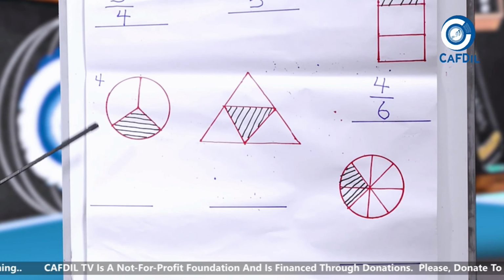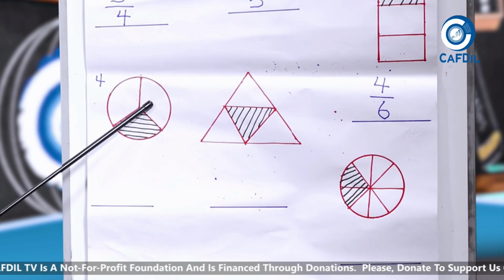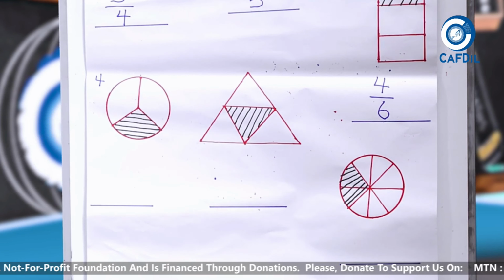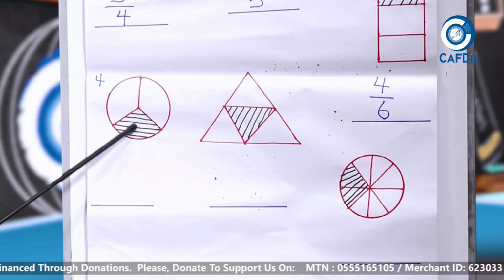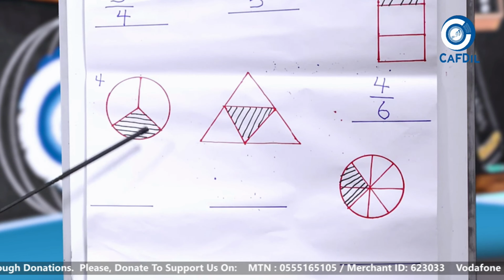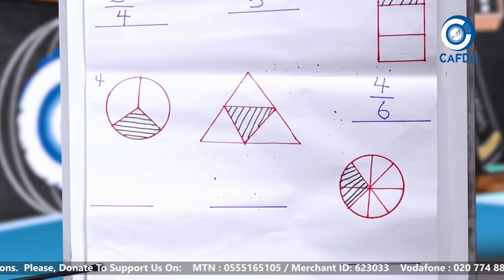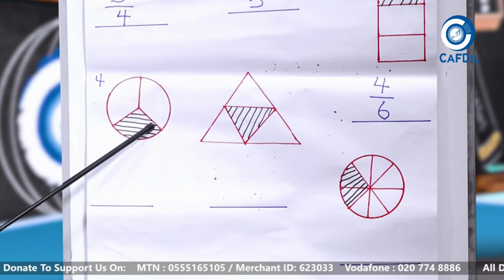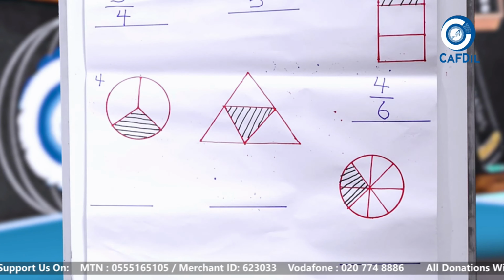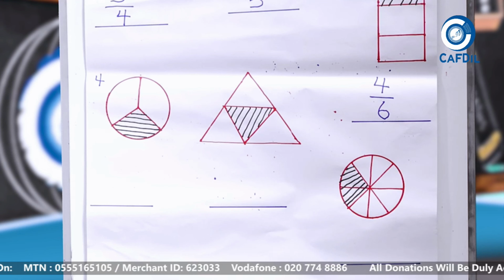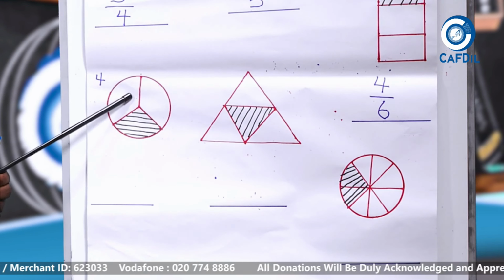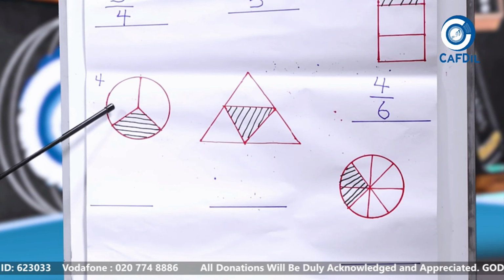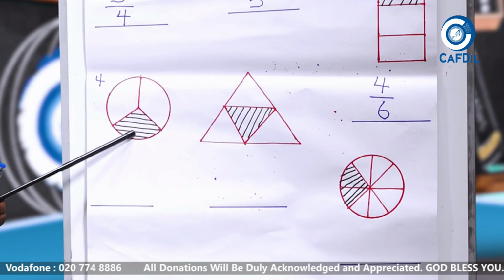Let's count and see. 1, 2, 3. Good. Meaning this circle has been divided into 3 equal parts. 1, 2, 3.